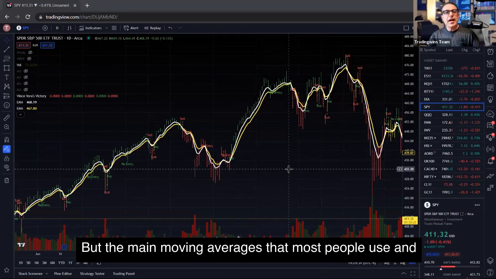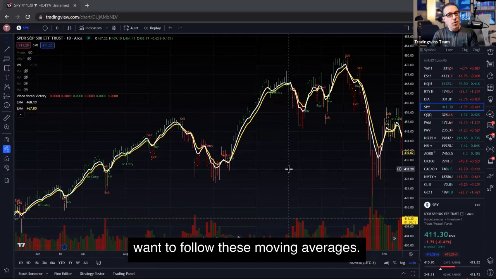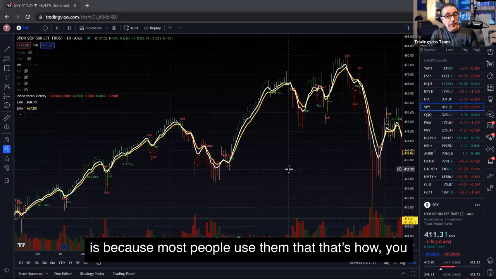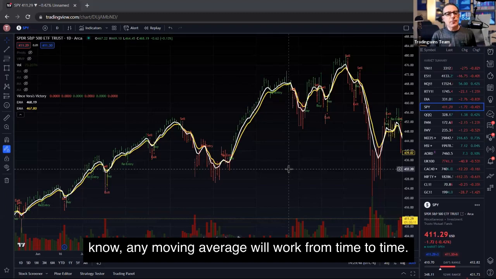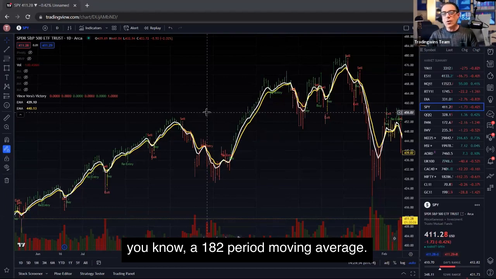But the main moving averages that most people use, which is why you may want to follow these moving averages, is because most people use them. Any moving average will work from time to time. So you can pick a number out of the air. You can say, a 182 period moving average.